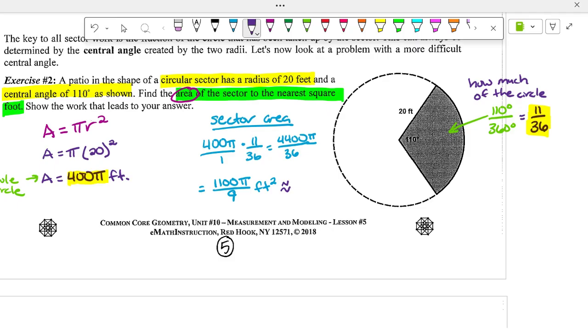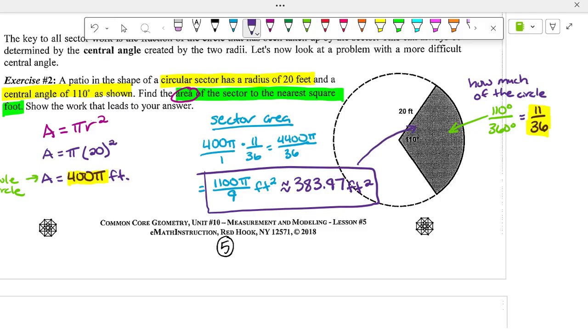Put 1,100 pi in first, hit enter, and then hit divide by 9, because if you don't, it's going to read it funky. It's 383.97 feet squared. So that's my sector area. That's how big this patio is going to be. About 383 feet.